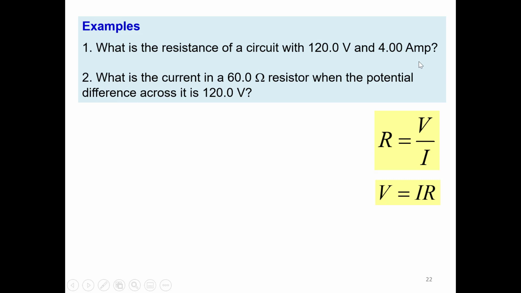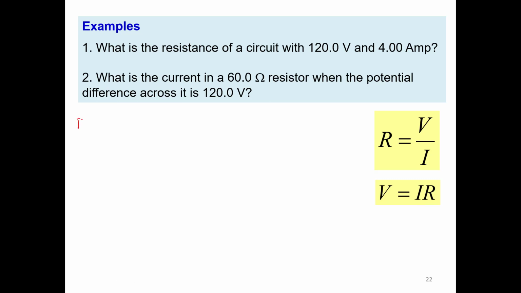To calculate the resistance, we need to apply this equation. You can see these two equations are basically the same equation, just written in a different way.